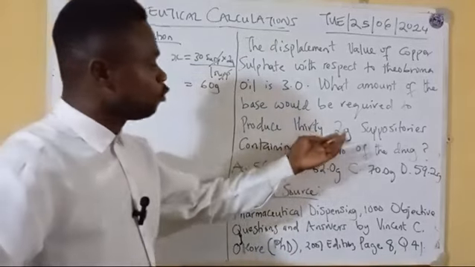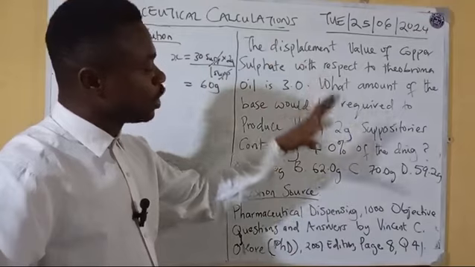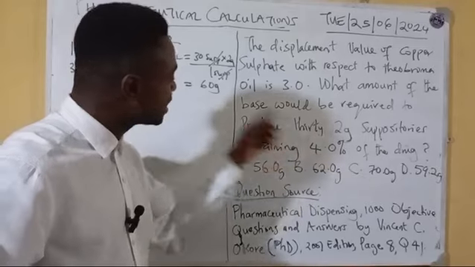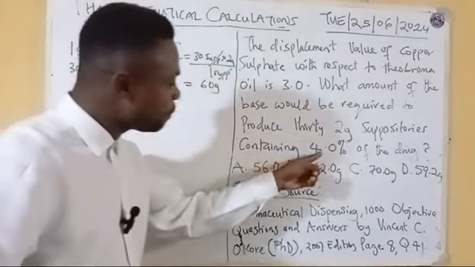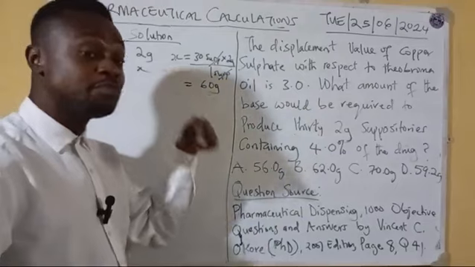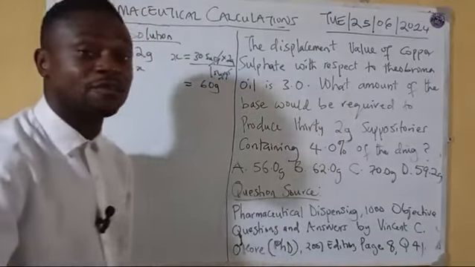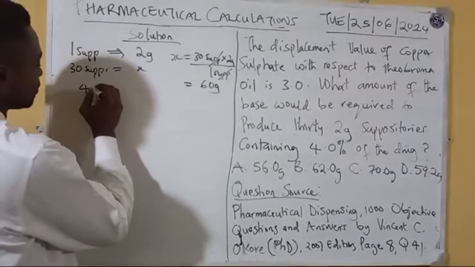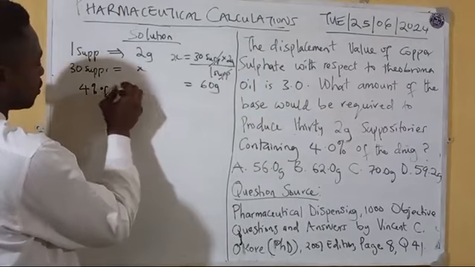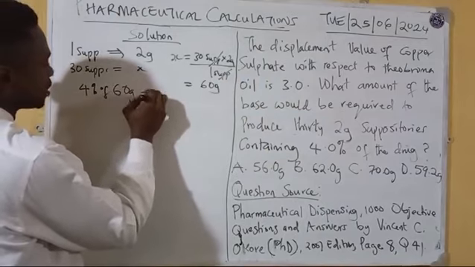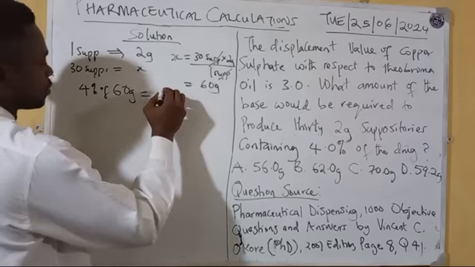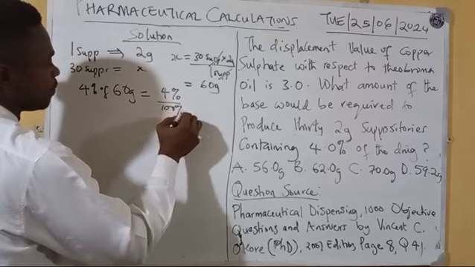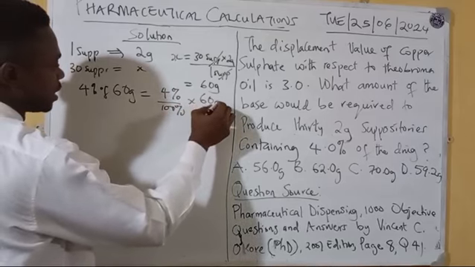So we find 4% of this 60 gram. 4% of this 60 gram will be the amount of the copper sulfate. 4% of 60 grams is equal to 4% over 100% times 60 grams.